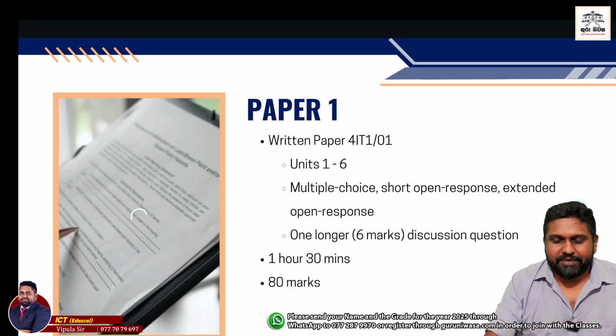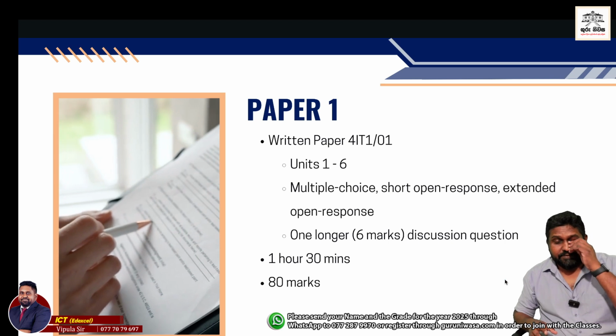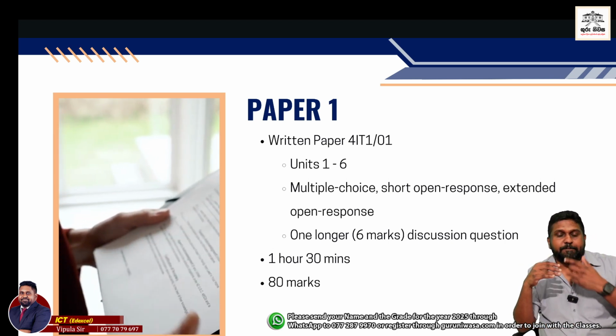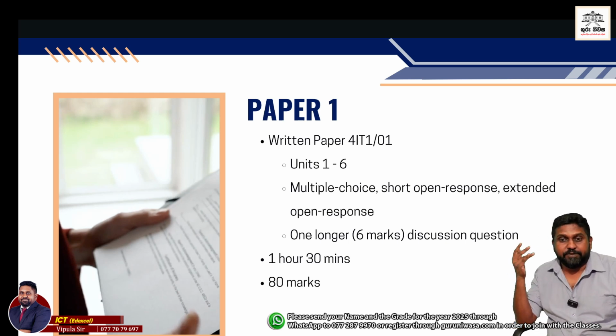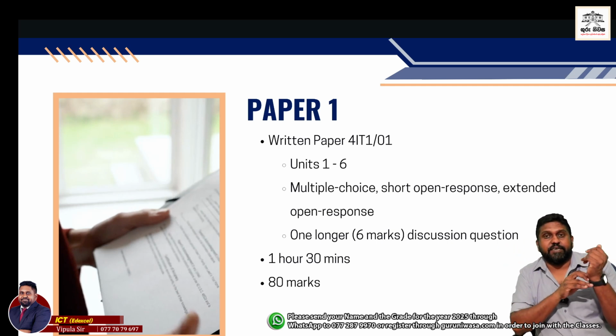When it comes to the strategizing part, in paper 1 you get 6 units, as we went through. You get multiple choice, short open and extended open questions, plus one longer question depending on different types of discussion.